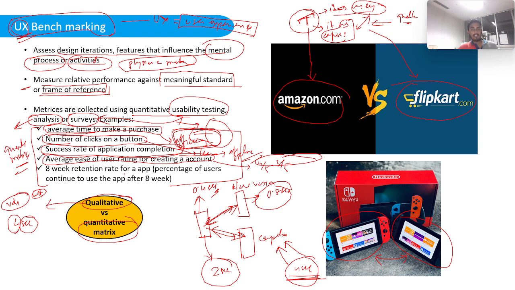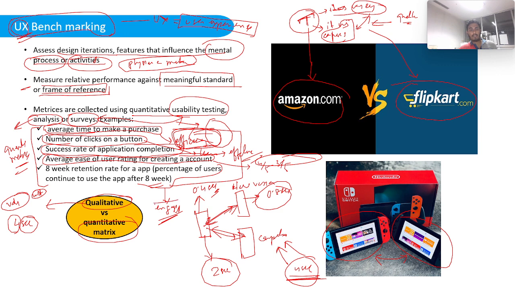Then 8-week retention rate for an app. That means you try to measure the percentage of users who continue to use that app after 8 weeks. These can be collected from system log data or from web analysis, where you will know the retention rate of the application. This will give you an indication of how engaging a particular application is.